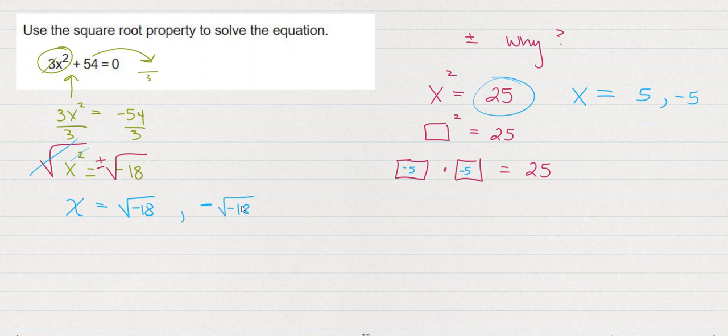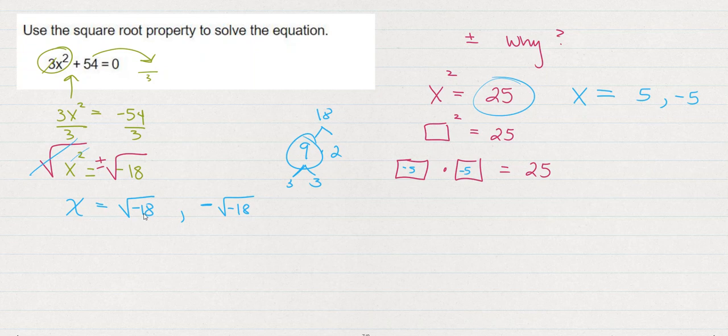But that's not simplified yet. There are two things I need to simplify. One is that I can take out a 9, the perfect square 9. 18 is 9 times 2, and 9 is 3 times 3.